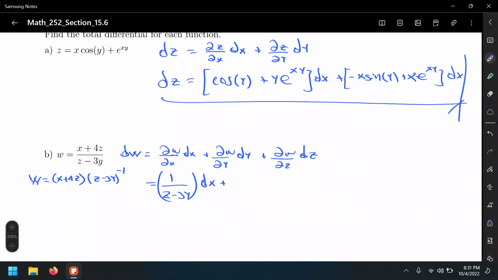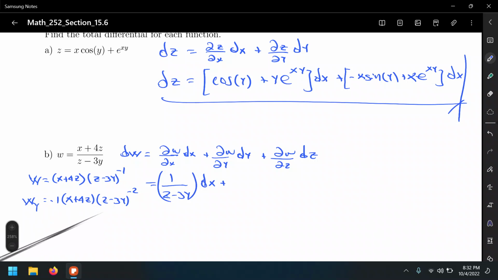To find the derivative of w with respect to y, negative 1 in the front times x plus 4z, and z minus 3y to the negative 2, because we subtract 1 from the exponent, but we need to do a mini chain rule here.